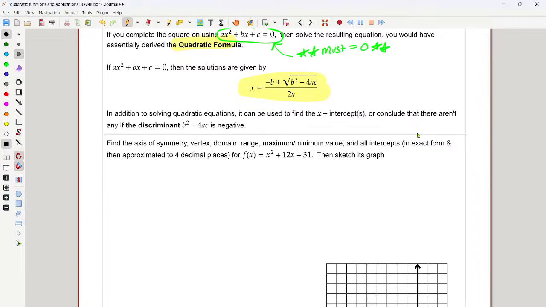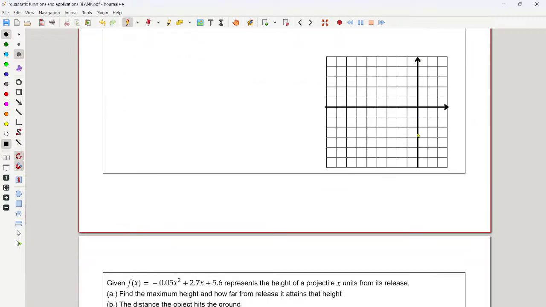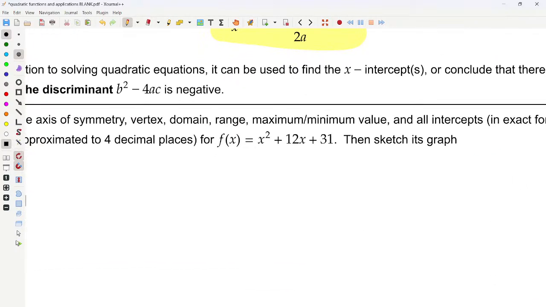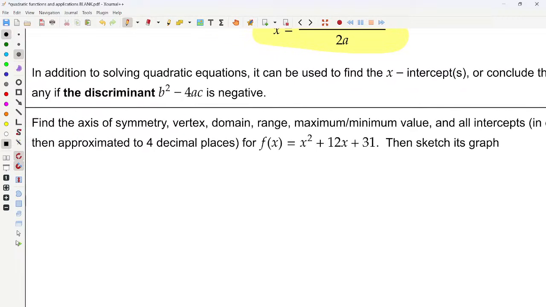Let's look at one final example before we smack some applications down. Just straightforward. Here is a quadratic written in standard form. We need to find a lot of its key features: axis of symmetry, vertex, domain, range, maximum and minimum value, and all the intercepts.